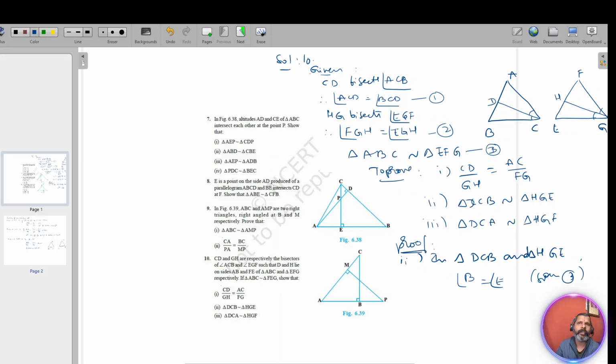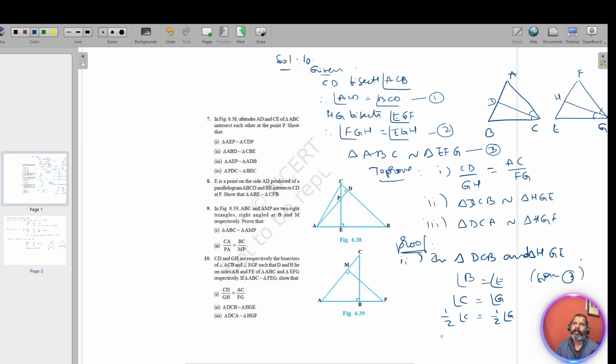C is also equal to G, but since these are bisectors, I'll take half C equal to half G. Half C I'll take as BCD, since I want the BDC triangle part, not the ADC triangle part.